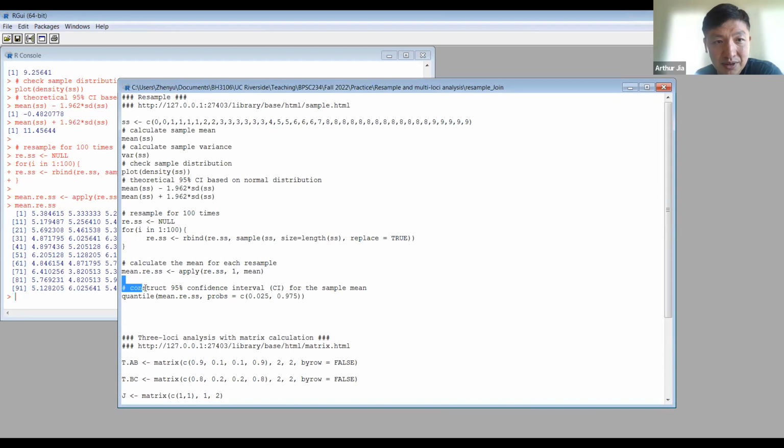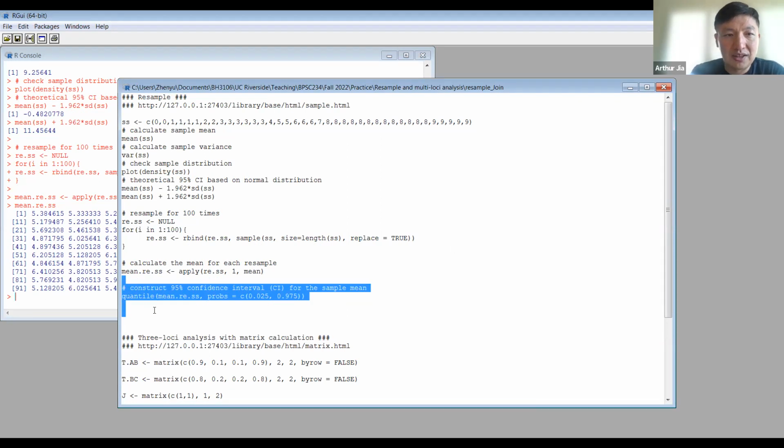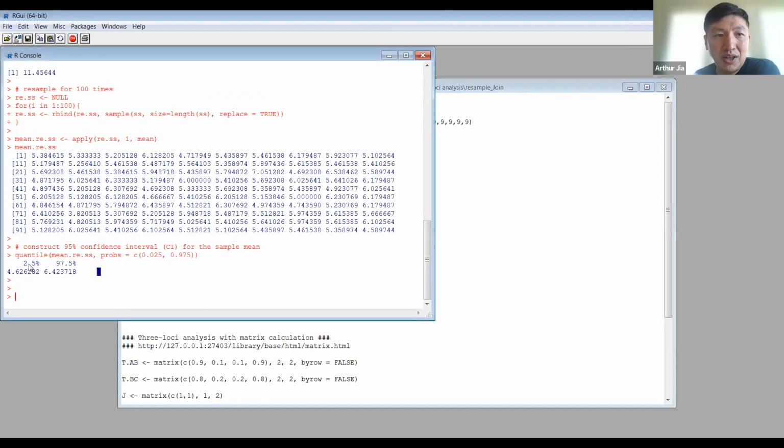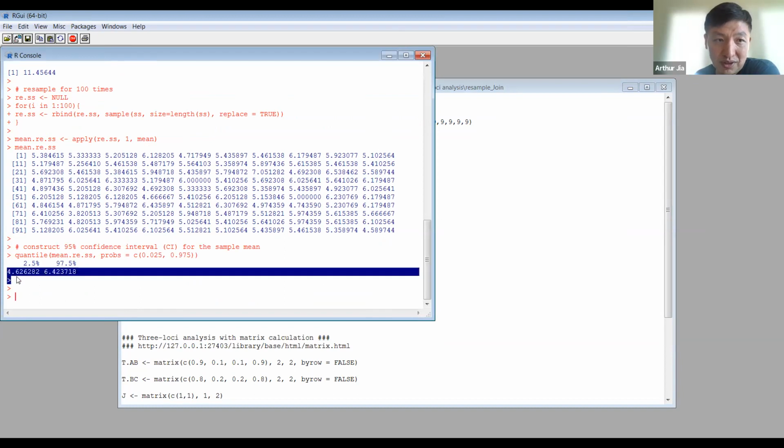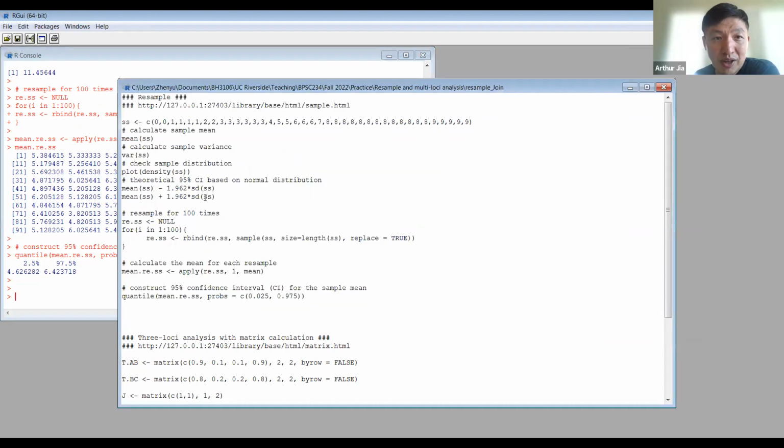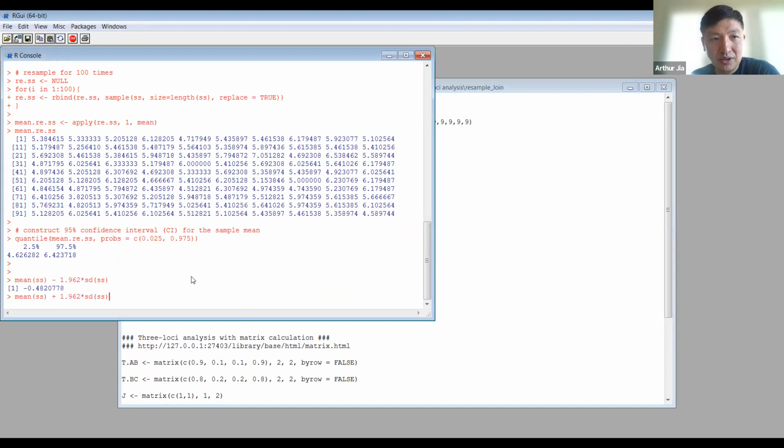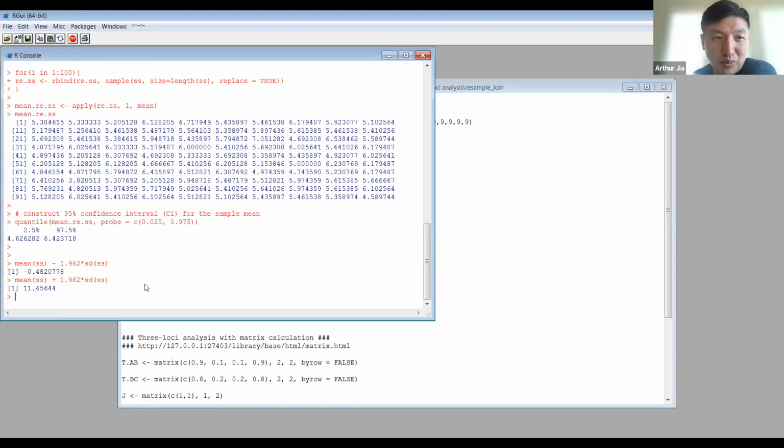And if you use this quantile to find the empirical lower bound and upper bound of the 95% confidence interval, you're going to get a very reasonable range. If you compare these two, this is the confidence interval generated using the normality assumption.